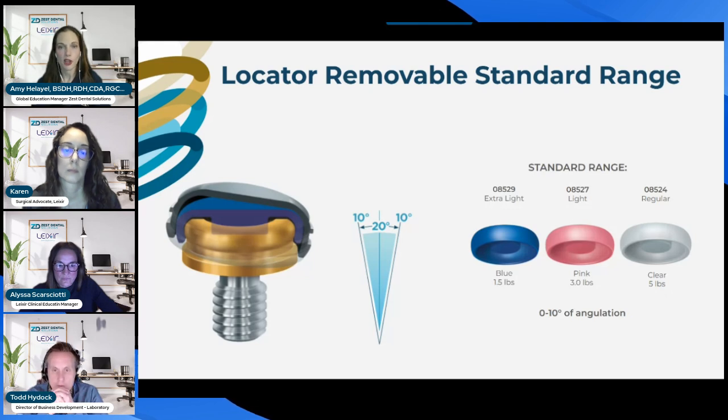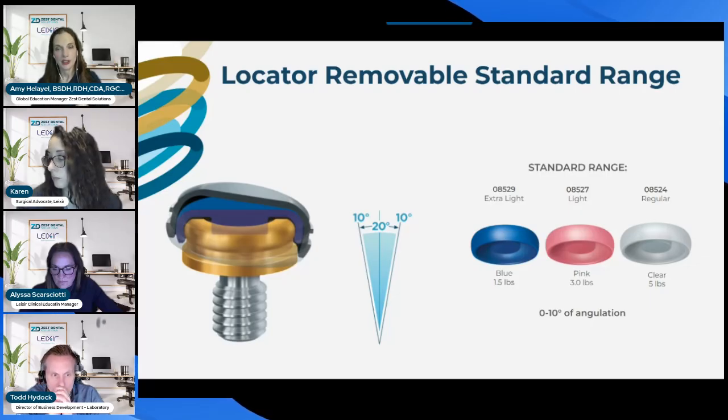Those correct up to 10 degrees of angulation per implant, or 20 between two. So when you look at this image, you see your standard range inserts, blue, pink, and clear, your Locator abutment. And again, you want to be within that 10 degrees. As I showed you on the ruler, it's important to know if it's outside of that 10 degrees, that insert is not going to snap into the center portion of your abutment.